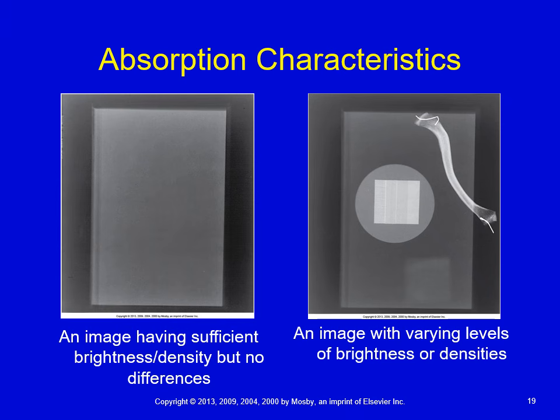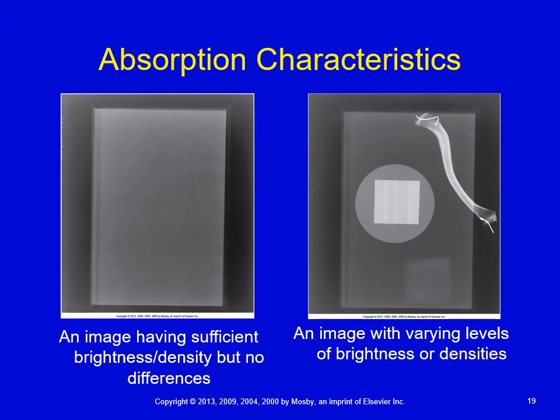So bottom line here, in the first image, if everything was absorbed, or everything got through to the same degree, there would be very little for us to distinguish there. Everything would look exactly the same on the image.